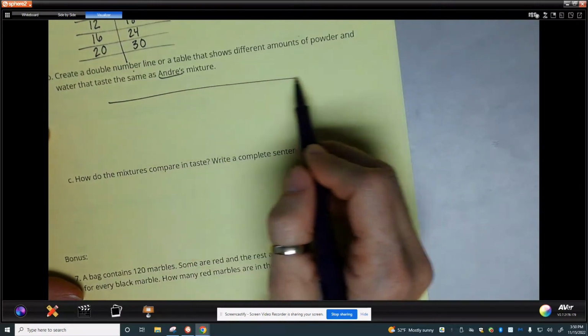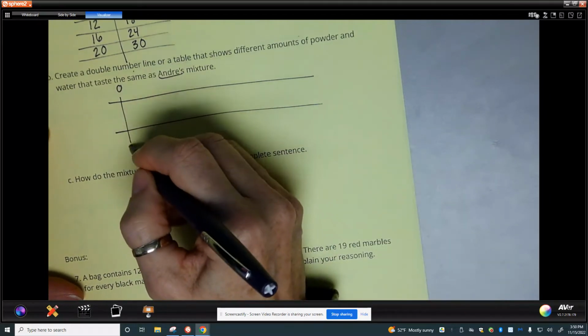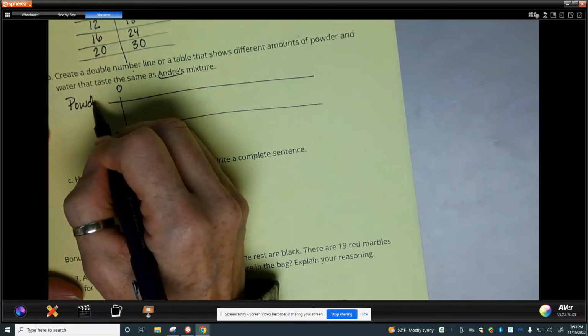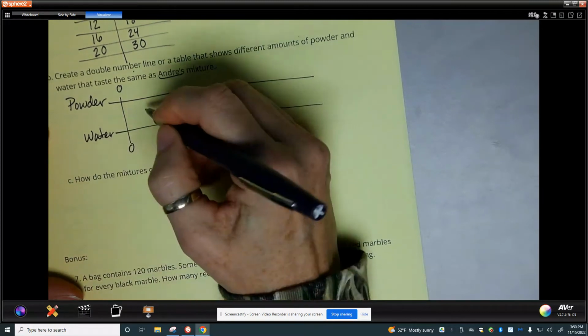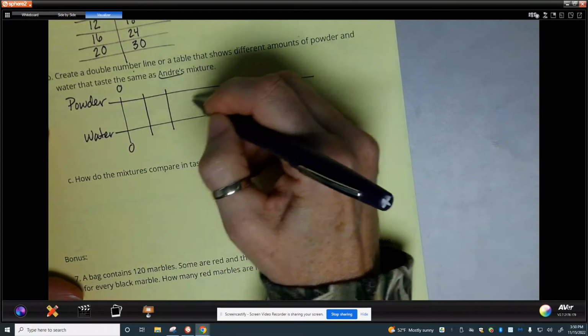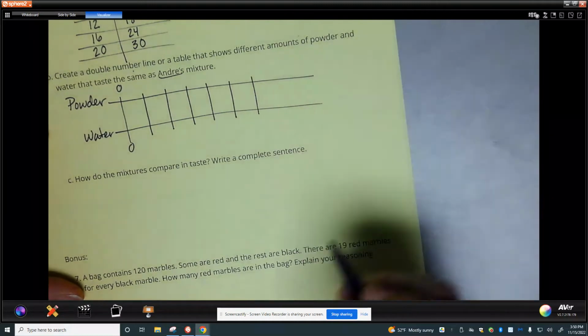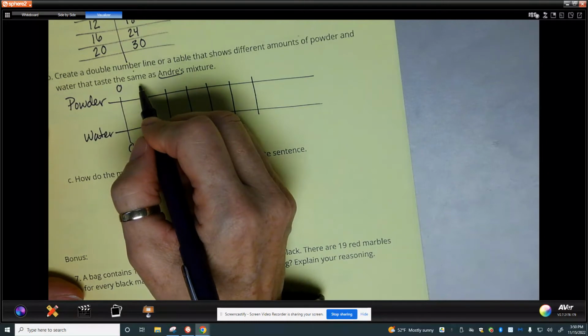I'll do a double number line this time for the people who like double number lines. We set it up in a similar way. We have to have our labels. I like to take my line all the way through to make sure my numbers line up. Sometimes it gets messy, especially when you have a lot. And my ratio is 5 to 8.